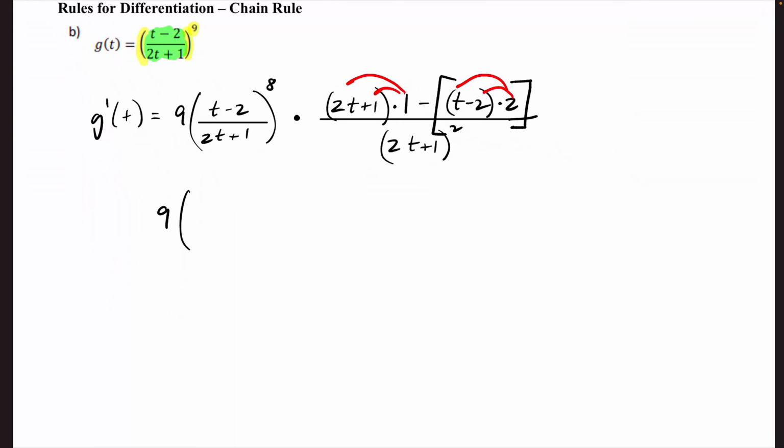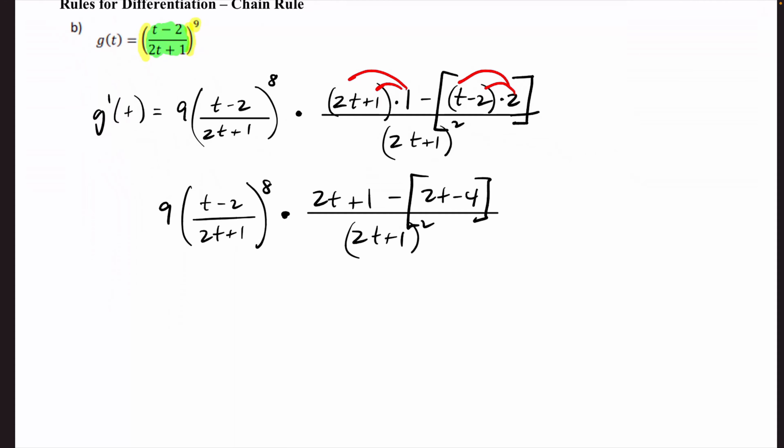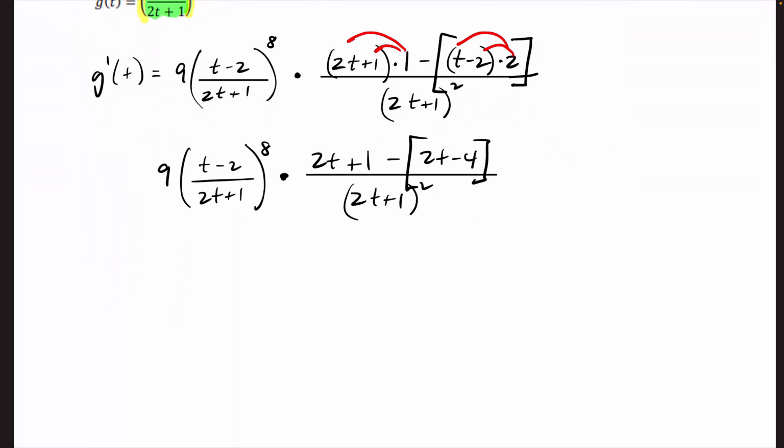So 9 times t minus 2 over 2t plus 1 to the 8th. That part hasn't changed from the last step. This part is, though. I'm going to have 2t plus 1 when I distribute the 1. When I distribute the 2, I'm going to have 2t minus 4. And then 2t plus 1 squared. Distribute the negative.